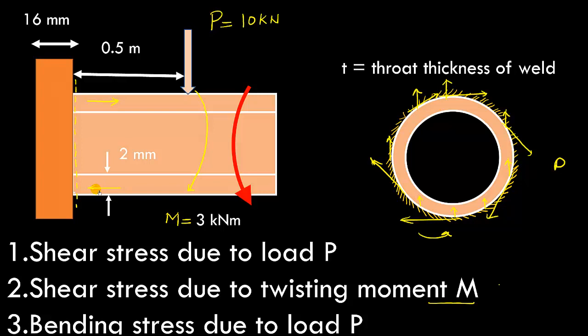So we have in this case three stresses. One is shear stress due to load P, another is shear stress due to twisting moment M, and bending stresses due to load P. So we have to find all these stresses, and then we have to find the equivalent stress. So let us first find the shear stress due to load P.